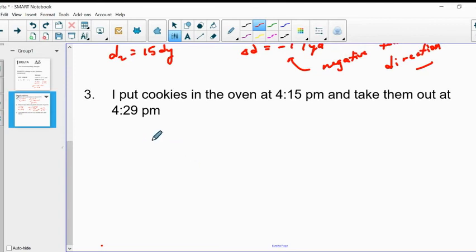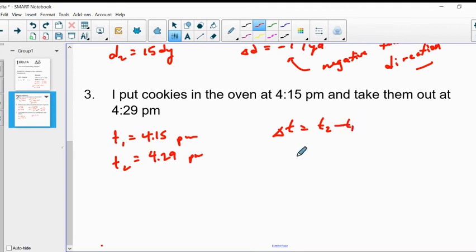Here's a cooking question. So I've got my first time. Time 1 is 4:15 p.m. Time 2 is 4:29 p.m. And I want to know, how long did I cook my cookies for? Well, I'm going to take my T2, take away my T1.